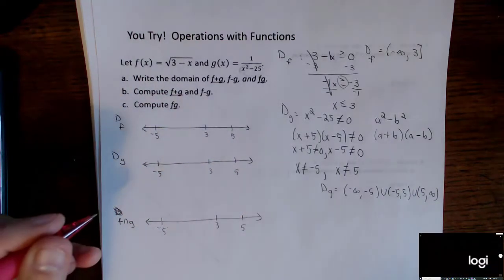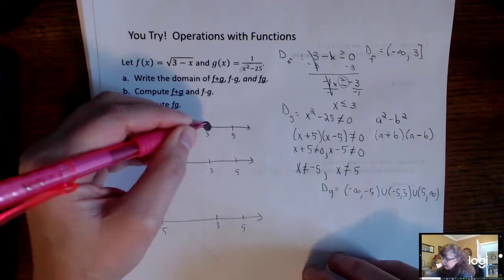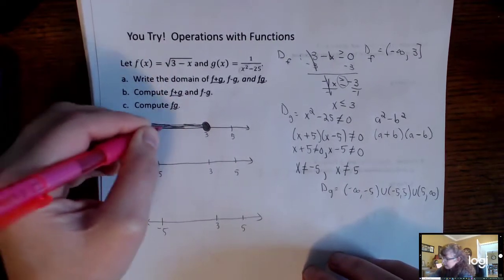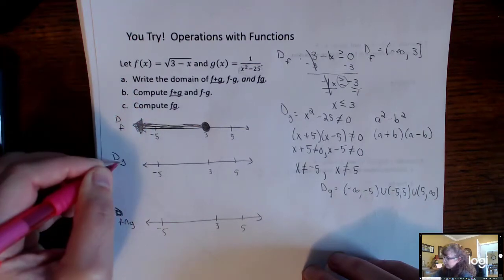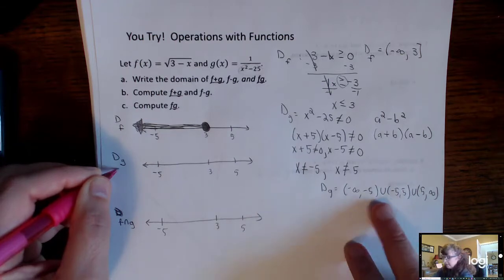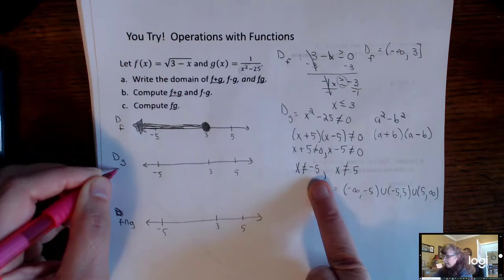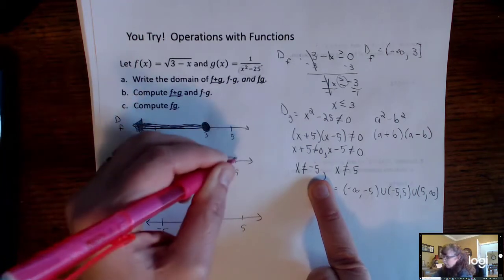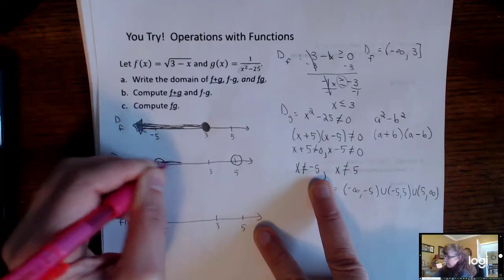So the x is less than or equal to 3 would be a colored in circle and to the left. All the numbers less than or equal to 3 is the domain of f. Okay? And the domain of g is everything but negative 5 and 5. So when I do these, I think it's easier to do the not equal to open holes on negative 5 and 5 and then just color in everywhere else.